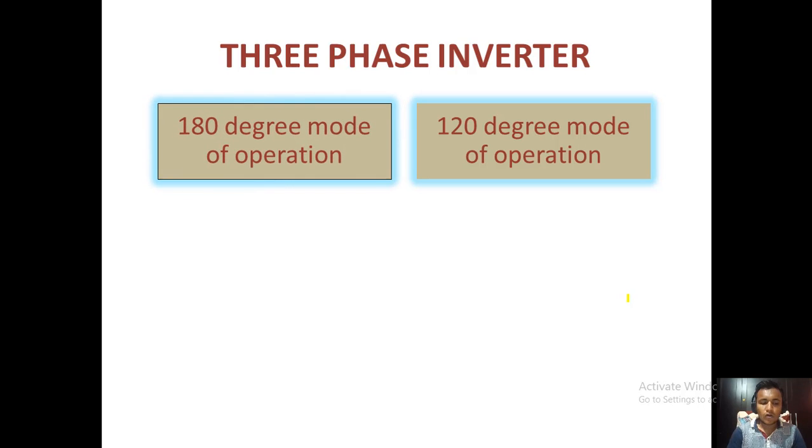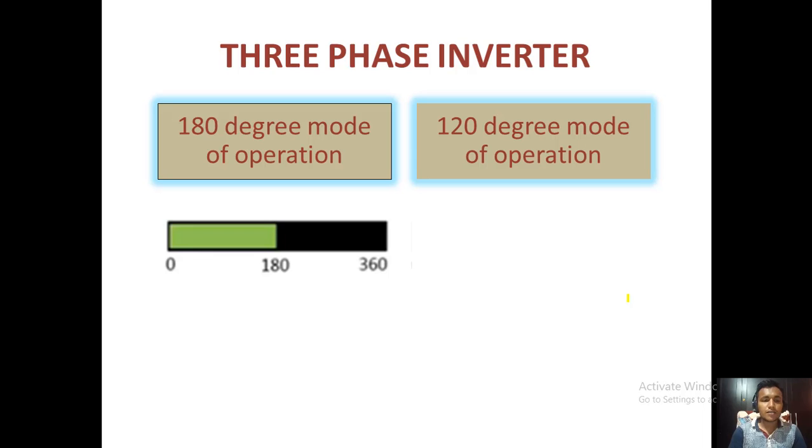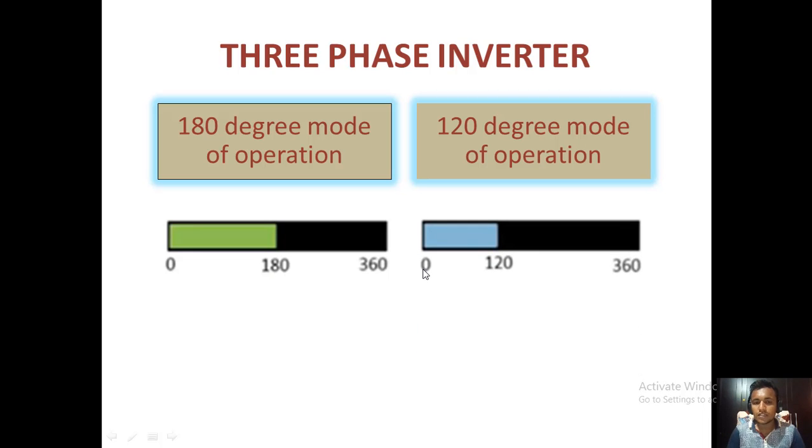In 180-degree mode of conduction, each thyristor remains on for 180 degrees, and in 120-degree mode of conduction, each thyristor remains on for 120 degrees. Means in 180-degree mode a thyristor remains on for 0 to 180 degrees, and in 120-degree mode a thyristor remains on for 0 to 120 degrees. In a three-phase inverter, at any given instant of time, three thyristors conduct simultaneously.